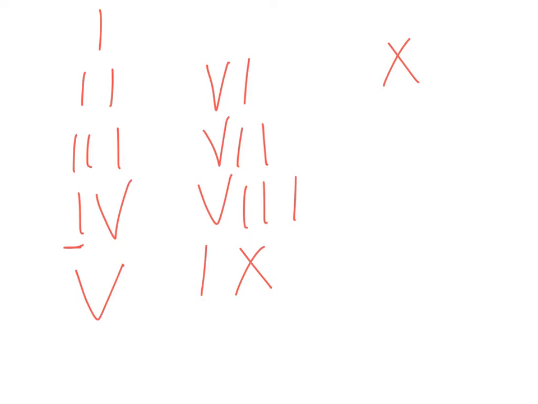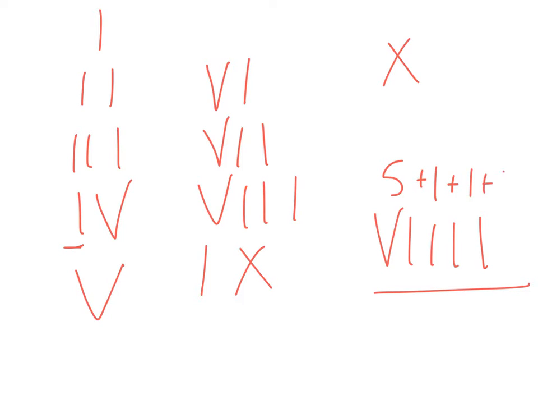You don't write the same letter 4 times in a row, which is why we couldn't do this for 9, which would be 5 plus 1 plus 1 plus 1 plus 1. 3 is all the farther that you can do. That's why you have to then do it this way, where you subtract from the bigger number.